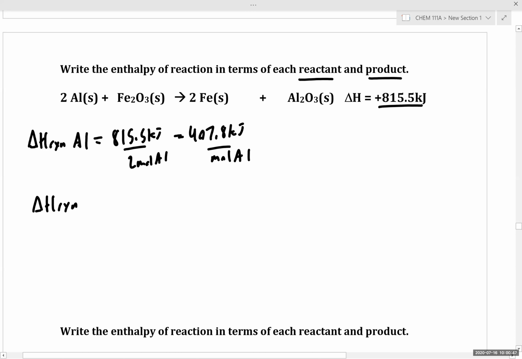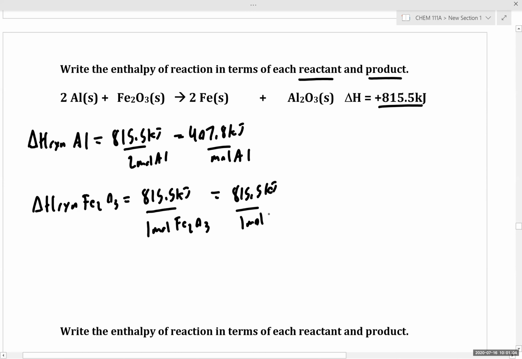Okay, the enthalpy of reaction with respect to iron oxide, we have 815.5 kilojoules. We divide by 1 mole of iron oxide, and that gives us 815.5 kilojoules per every 1 mole of iron oxide. We can look at the same process for iron.